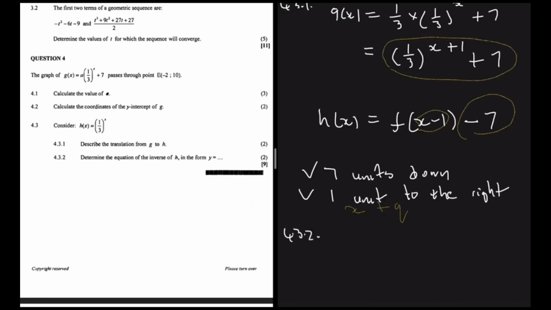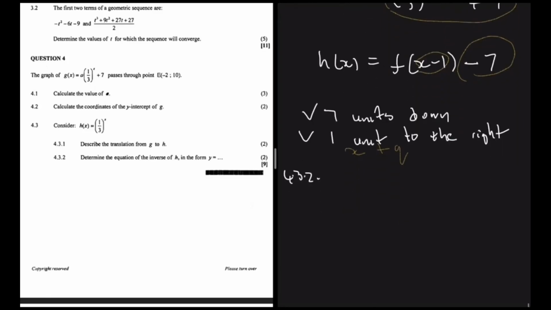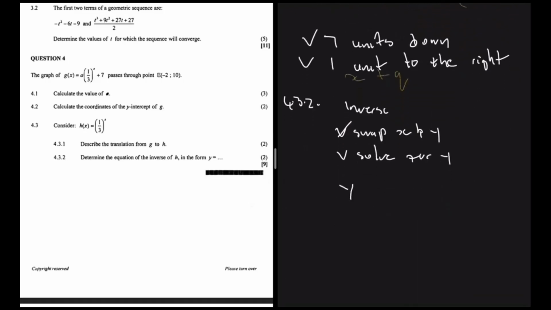And now 4.3.2: determine the equation of the inverse of h in the form y equals. As soon as I hear inverse, I'm thinking swap x and y and then solve for y. So y equals 1 divided by 3 to the x, and if I swap x and y, I get x equals 1 divided by 3 to the y.